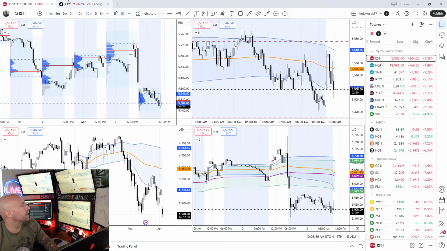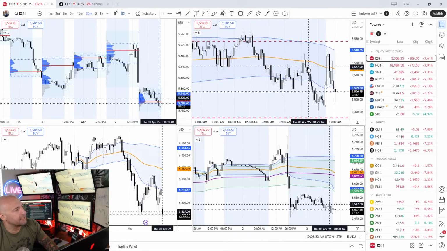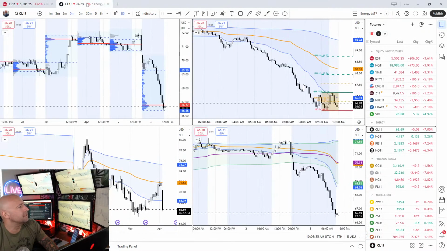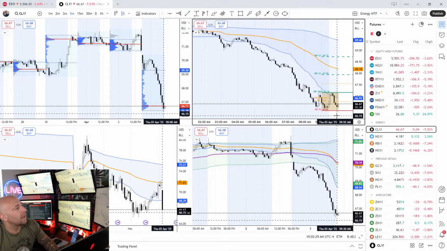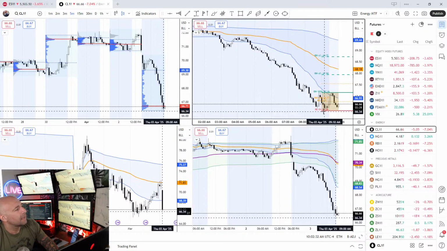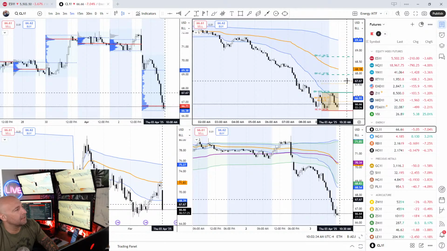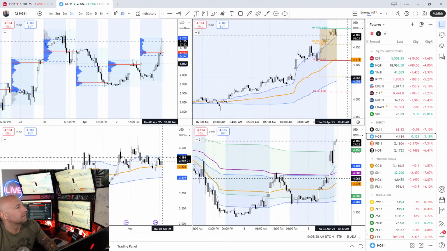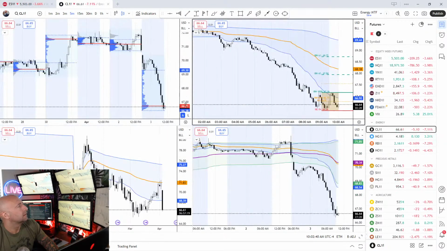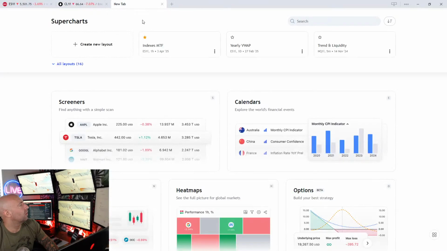Okay, so the reason I'm going to create different tabs is because the initial balances have different time openings. So for example, energy has 9 to 10 a.m. So I have a different initial balance for this and natural gas. I'm going to create one for gold.